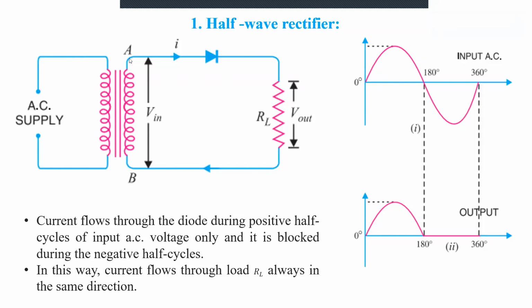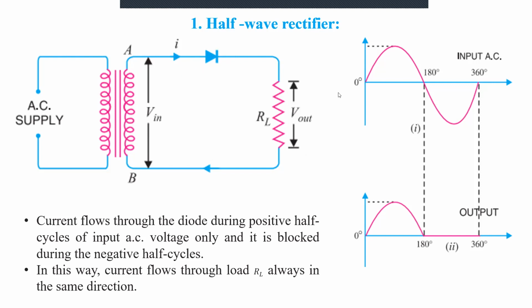The top of the transformer is called point A and the bottom of the transformer is point B. This is the input voltage applied to the rectifier circuit. The output is taken across the load resistance RL, which gives the direct current. This is the PN junction diode, with a P type and an N type region.